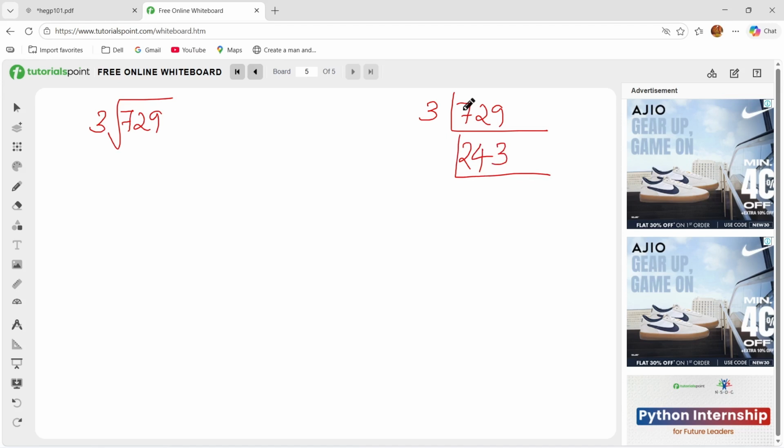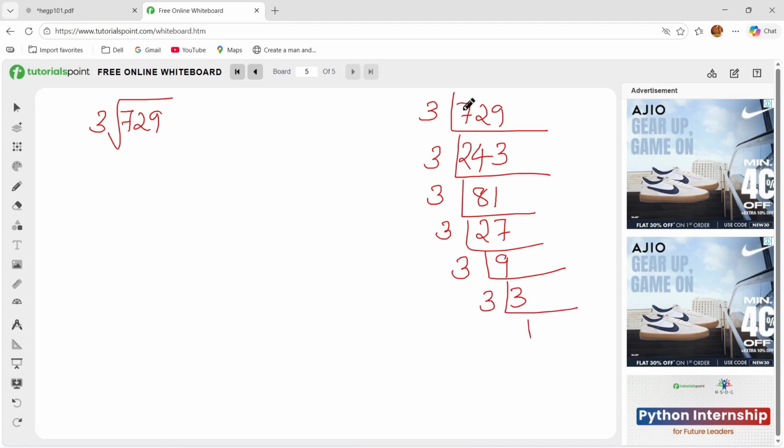Now 3 is at unit place, so we are going to take 3. 8 3s are 24, again 3. 7 3s are 21. Again 3. 9 3s are 27. Now 3. Now how many 3s? 6 3s are here. Prime factors.